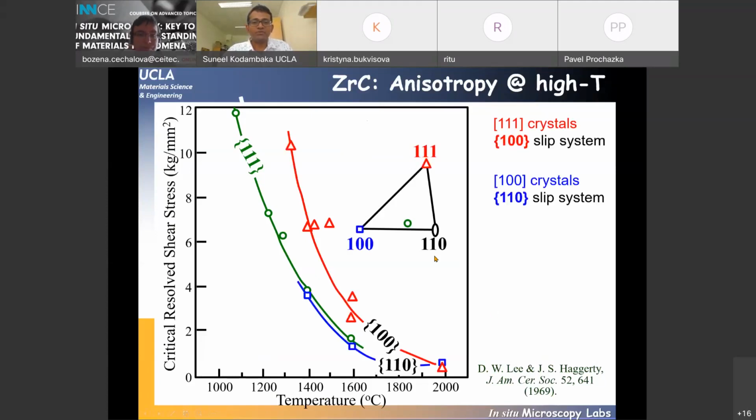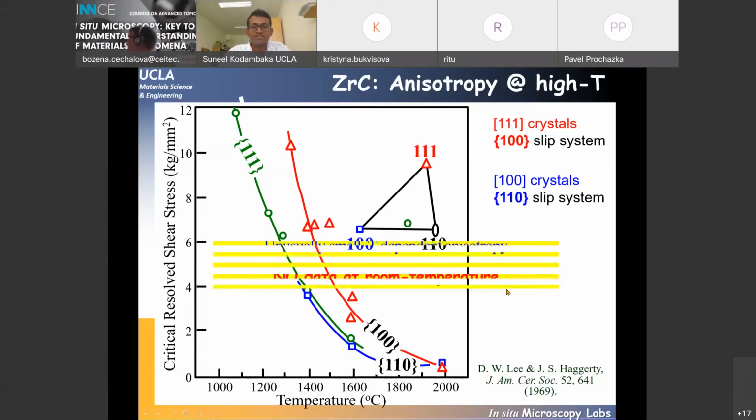So this is for single crystals of zirconium carbide of 3 different orientations. And this is the stress at which they exhibit plastic deformation as a function of temperature. And the data says that these have fairly similar properties irrespective of the orientation. And these crystals were subjected to compression at these temperatures, but there was no room temperature data until recently.